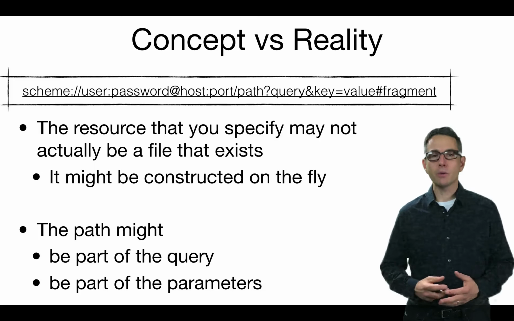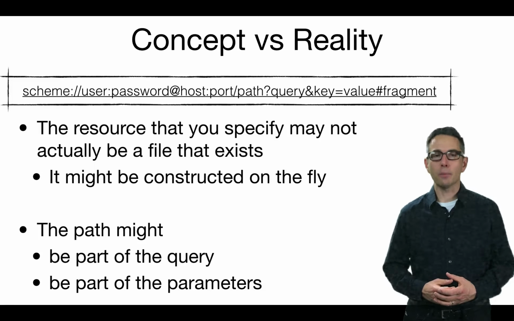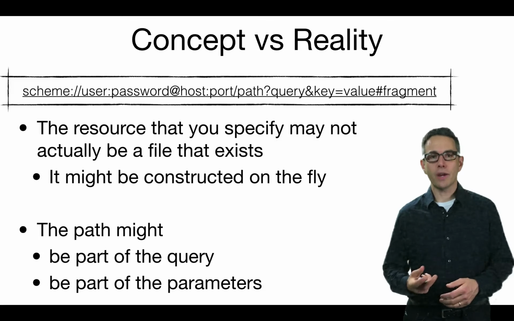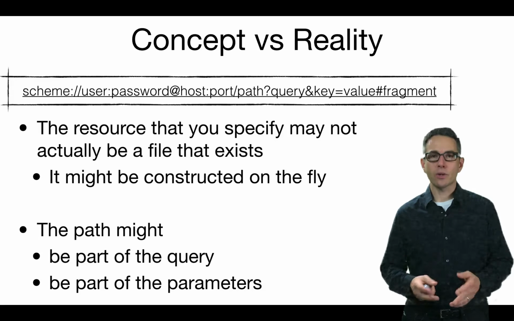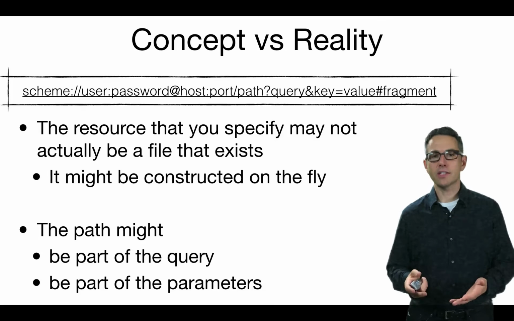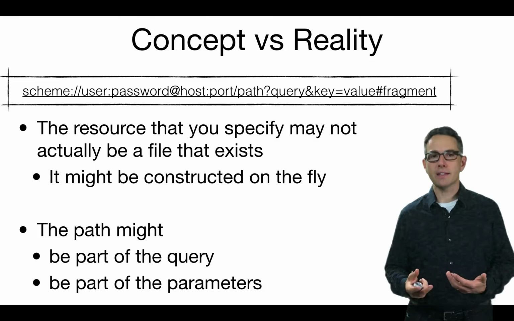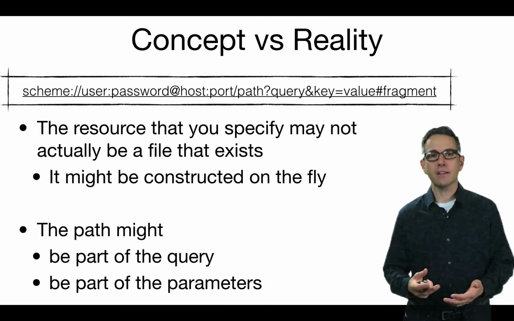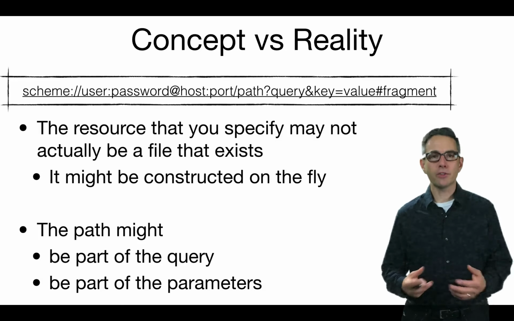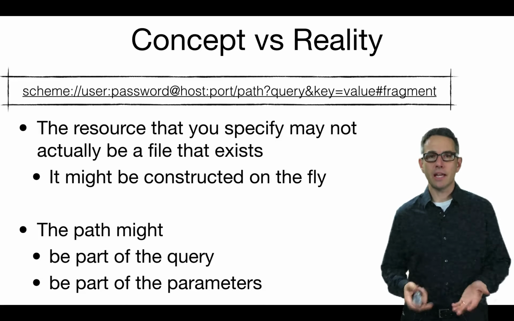For example, imagine you were checking the status of a train or an airplane. You might have a URL that references the flight number or the train number that you're interested in. When you request that resource from the remote computer, there's not a file that exists that tells you the status. Instead, there's a database that's being kept up to date with information from sensors on the track and possibly from input on the train itself that's feeding into a database.